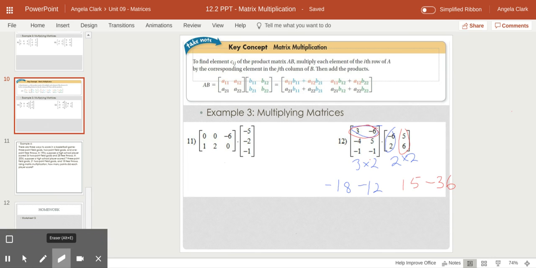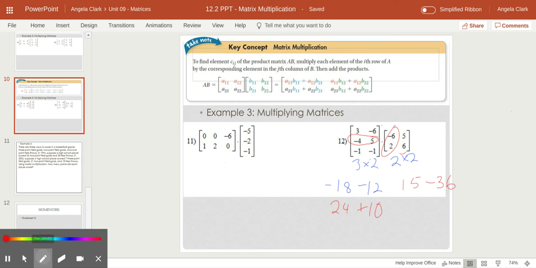And then I'm going to do second row, first column. So I have negative 4 times negative 6 is positive 24. Plus 5 times 2 is positive 10, so plus 10.